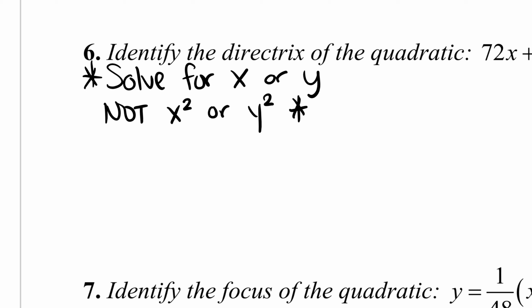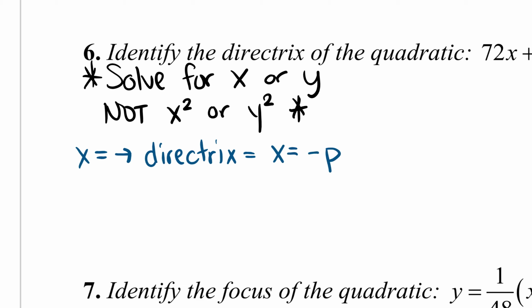And then for directrix, if I have an x equals equation at the end, my directrix, or if you just want to write d equals, is going to be x equals negative p. And if I have a y equals parabola, my directrix is going to be y equals negative p.